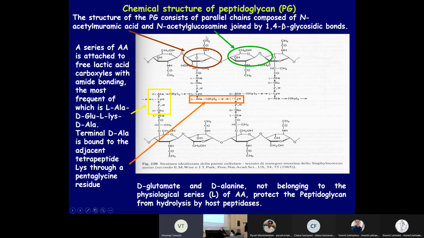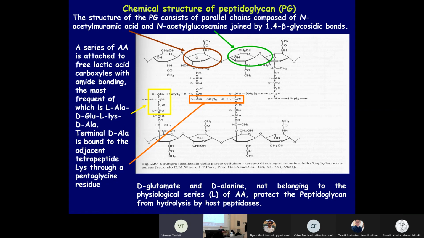Once again, the amino group is acetylated. And then there is the residue of lactic acid in this position, and the acidic group is bound to a peptidic chain.